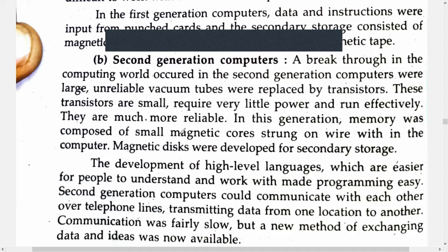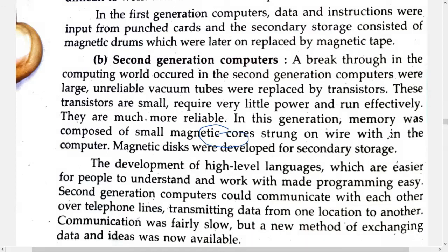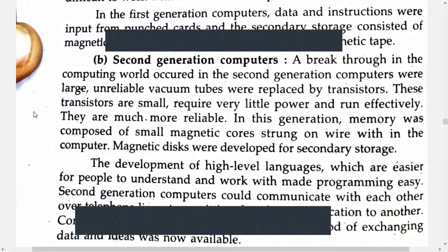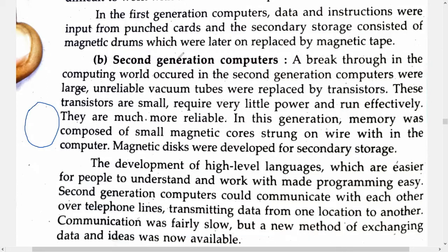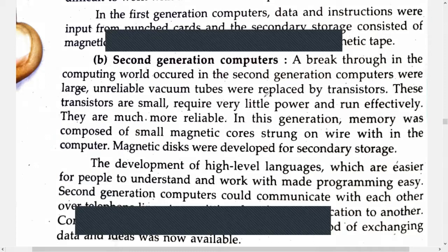In this generation, memory was composed of small magnetic cores strung on wire within the computer. Magnetic disks were developed for secondary storage. Earlier, the disks were of a huge size. We know the CDs, maybe this generation knows the CDs, right? Compact discs, digital video discs, Blu-ray discs. Now we have Blu-ray discs. However, earlier we had these magnetic disks.